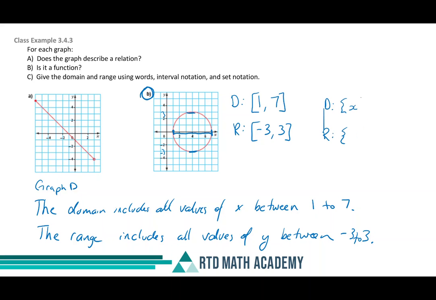We're going to say x such that, start with the lowest, end with the highest. We've got x and we've got inequality symbols that are inclusive, and so we put the line on the bottom. Because it's a solid line, we write x as an element of the reals. For our range, we have y such that we go from the lowest to the highest. It's inclusive for both of them, and such that y will be an element of the reals because it's a solid line.